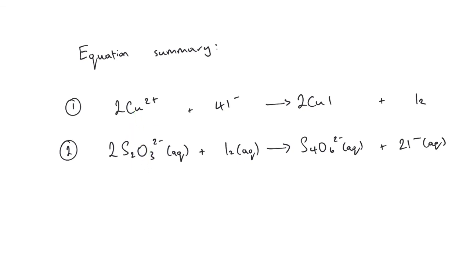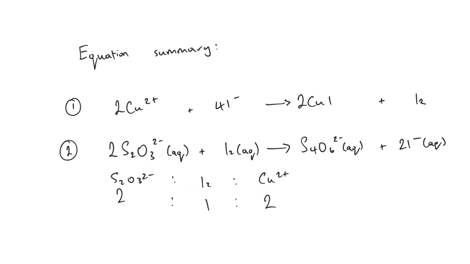So the first thing I want us to notice is that the ratio between thiosulfate and iodine is 2 to 1. My next thing is I want to know the ratio between iodine from equation 1 and copper. Well, I can see that it is 1 to 2.